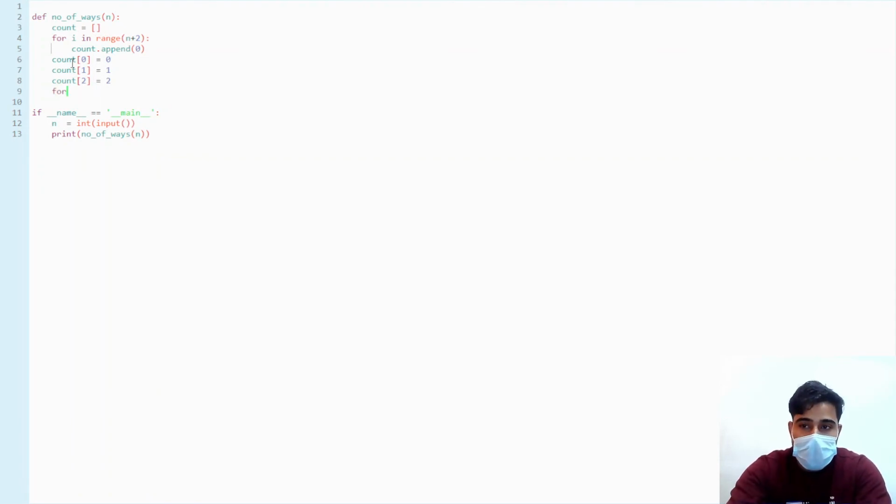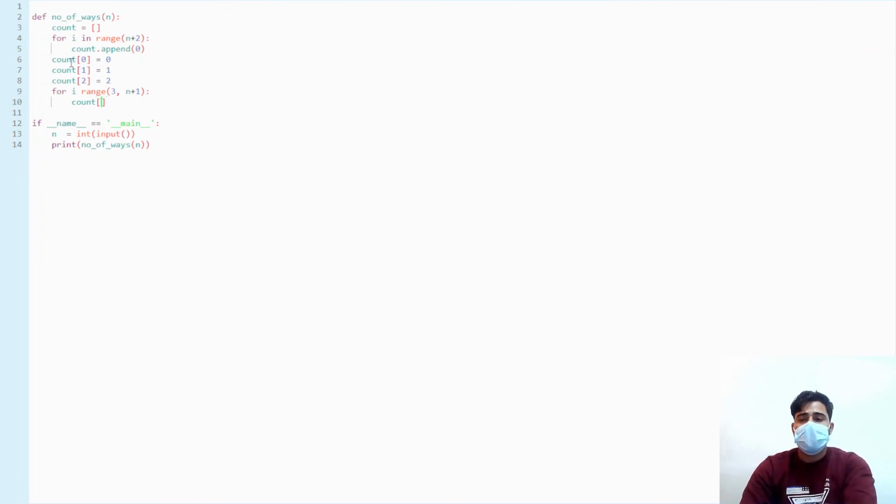Now let's run a loop for i in range 3 to n plus 1. We have placed a single tile, and now the remaining part will already be tiled by itself.